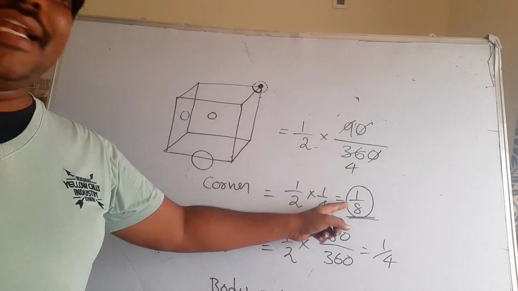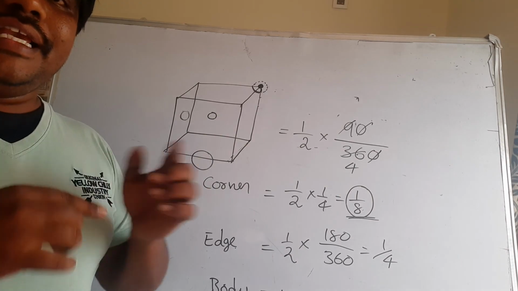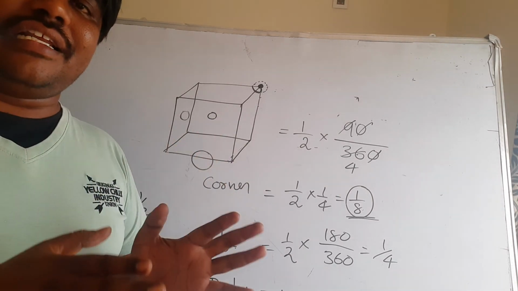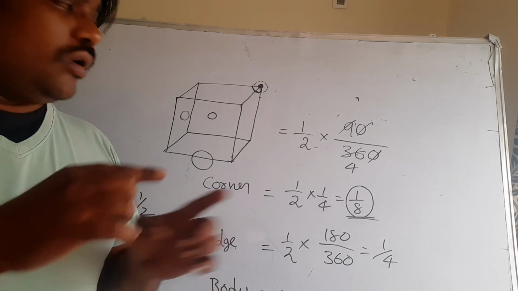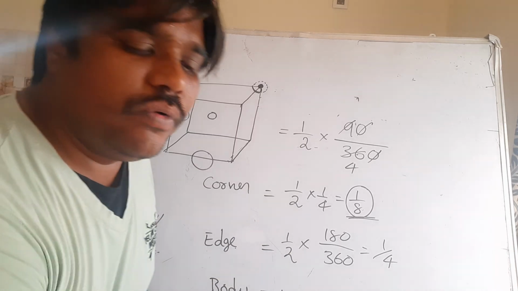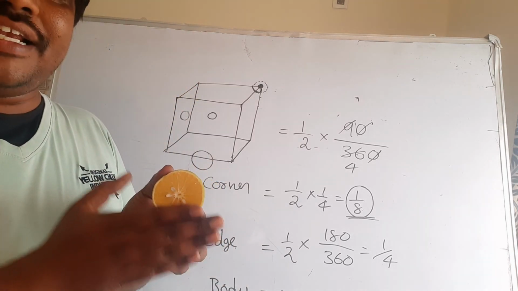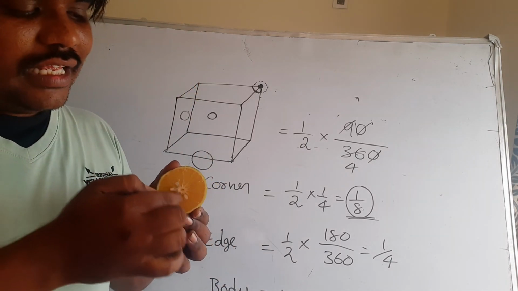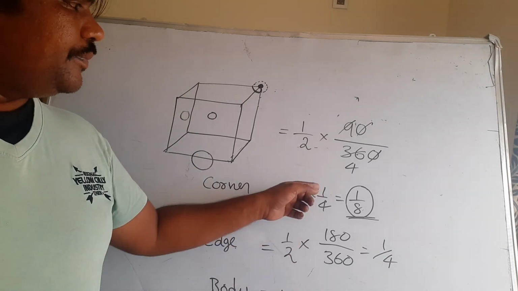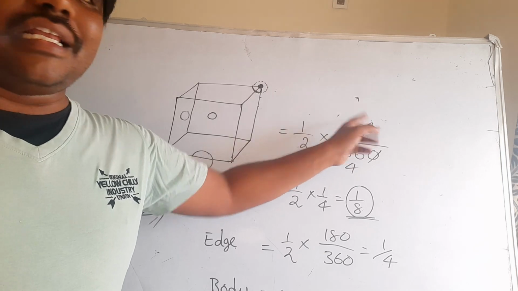How is this 1 by 8 explained, right? Each edge is maintaining 90 degrees at each and every center of a lattice point. So half in the sense we cut it into half, right? So half into each angle maintained at the center is 90.